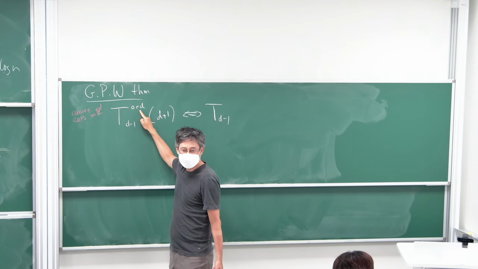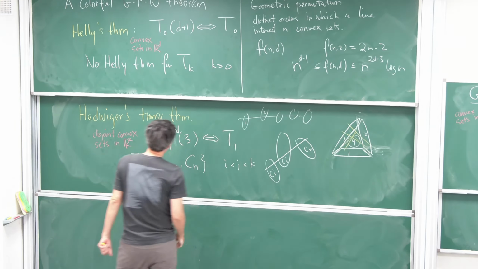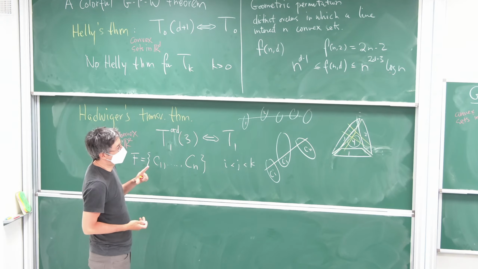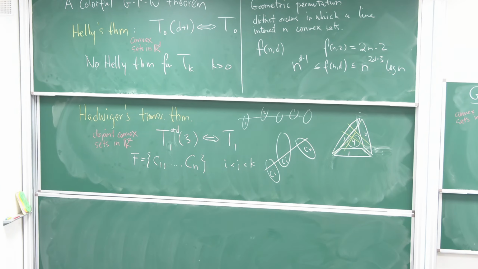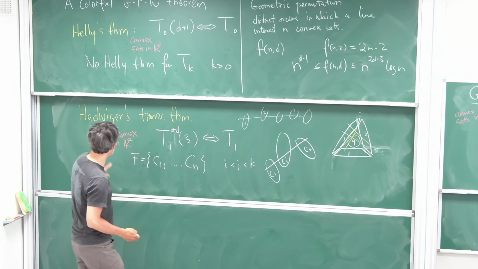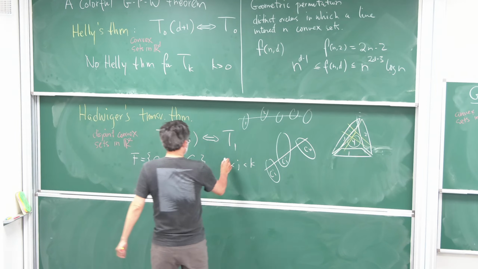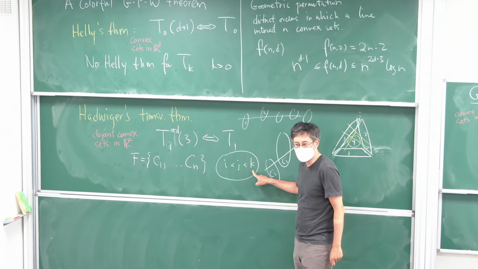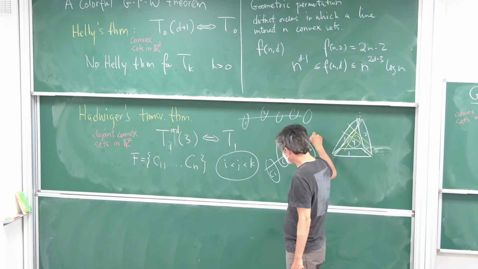They had a way of describing that, something called order types. But I want to explain a reformulation of what the condition is. Here the whole point is you look at three indices, i less than j less than k, in the linear ordering. What does it mean that there's a line that intersects them?